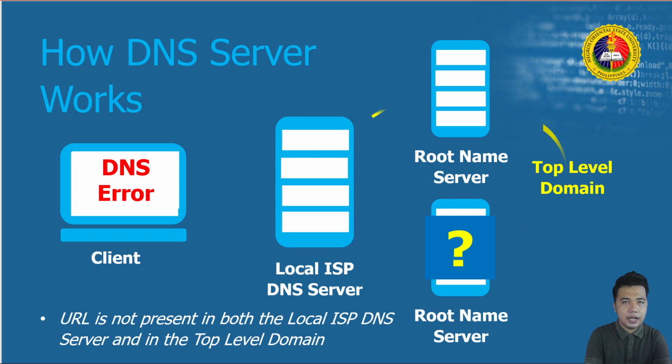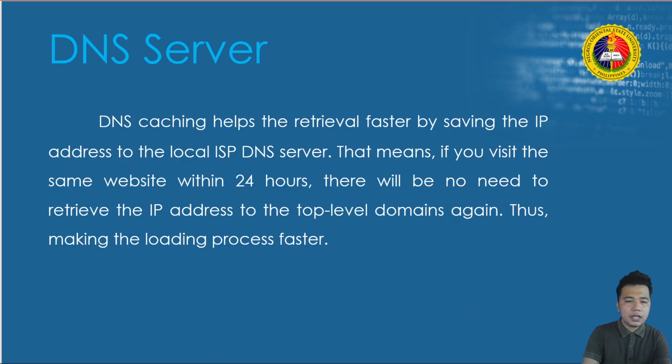However, if it is not present, then the URL will go to the root name server to check if the domain name of the URL is located there. Then the root name server will communicate with the .com server to check the IP address. However, if the IP address cannot be found in both the local ISP and the top level domain, which is the root name server and the .com server, then you'll get a DNS error message.